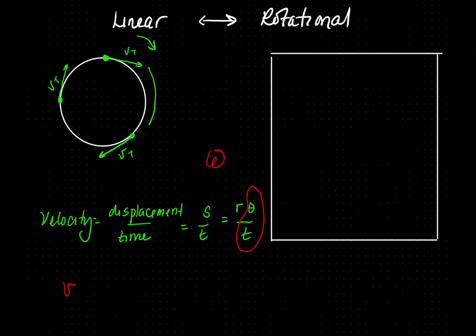So v tangential can be defined as radius times omega, in which omega is in radians per second, R is in meters, and velocity tangential is meters per second.